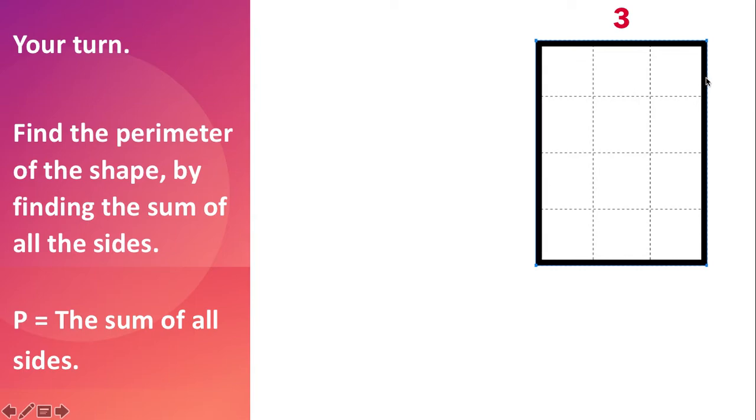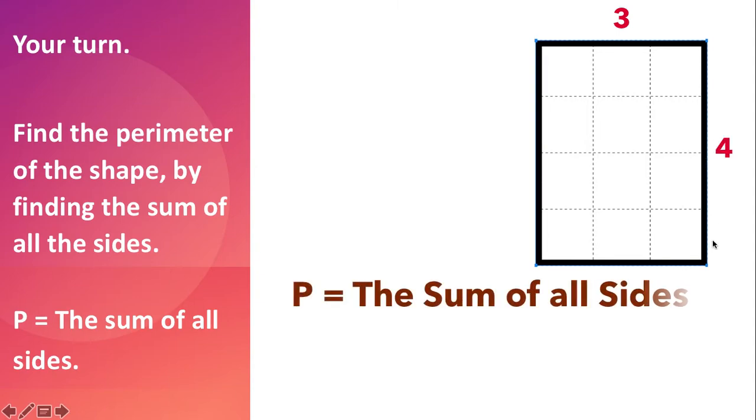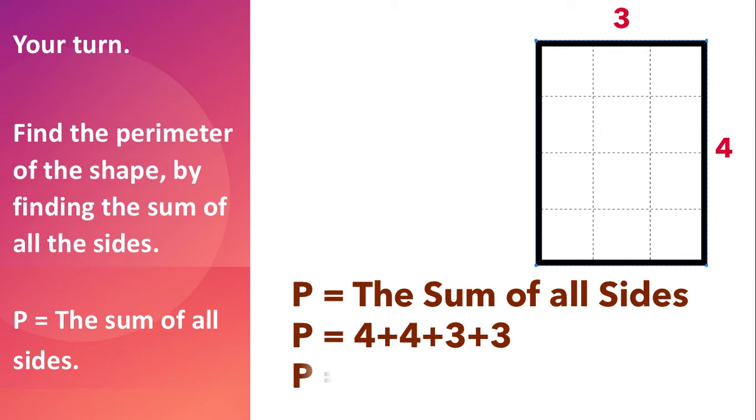My side is going to be 1, 2, 3, 4 units. So if the top is 3, the opposite line is also going to be 3. If this is 4, the opposite side is also going to be 4. So I will add these all up, which would be 4 plus 4 plus 3 plus 3.